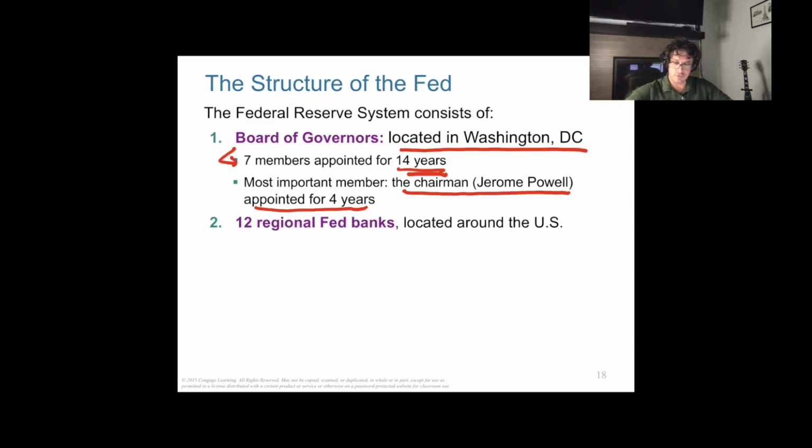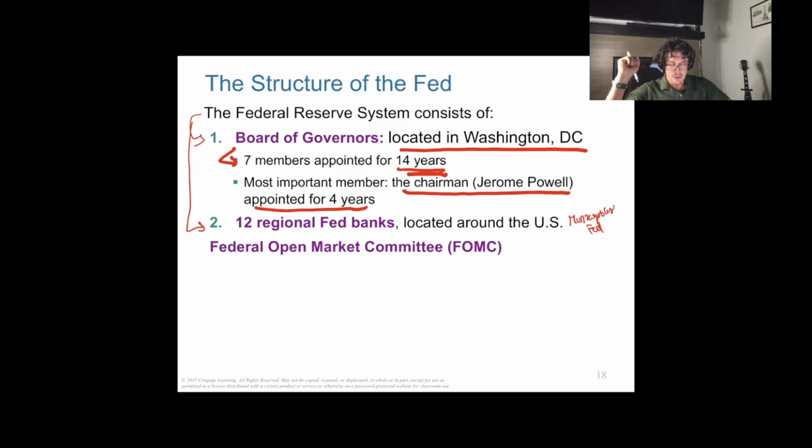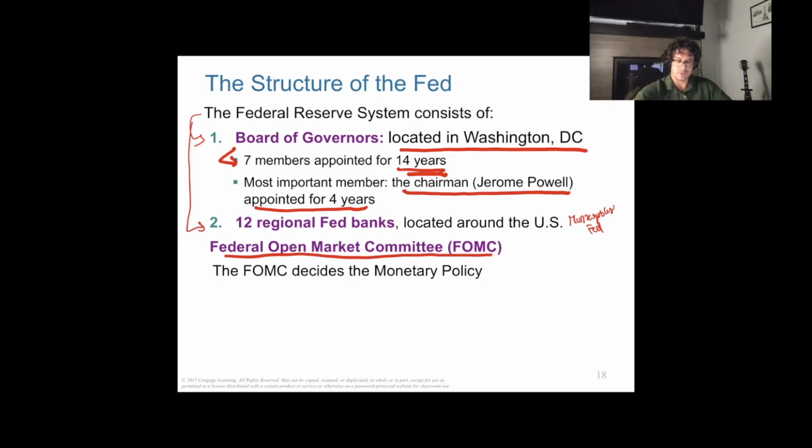The Federal Reserve System consists of the Board of Governors and 12 regional Federal Reserve Banks, for instance the Minneapolis Fed. I also believe that Denver has a Fed. The Federal Reserve System uses Federal Open Market Committee meetings to determine the money supply. So the FOMC, the Federal Open Market Committee, decides the monetary policy.